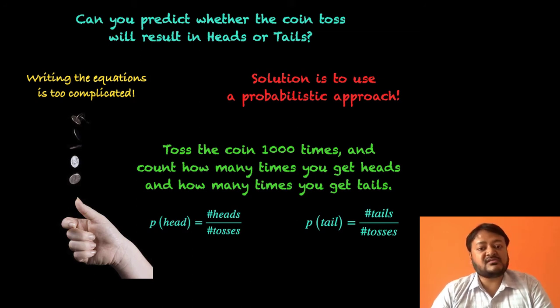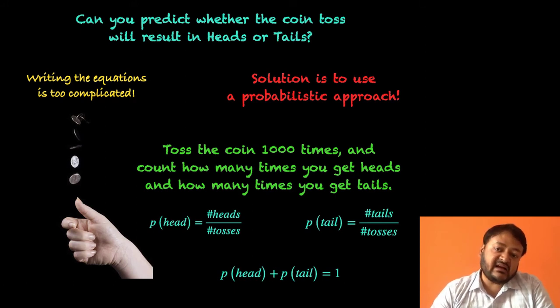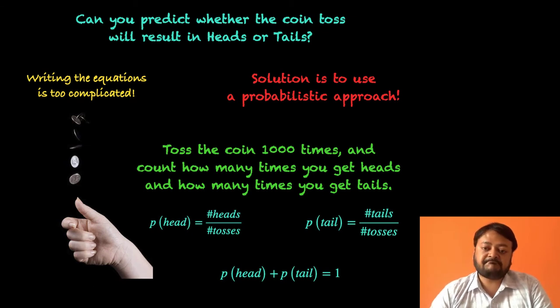And of course, because our system has only two possibilities, heads or tails, the sum of these two probabilities has to be equal to 1. Because if you toss a coin, it has to be either a head or a tail. There is no other third possibility. So this is a very simple concept which most of us understand. It is often taught in schools.